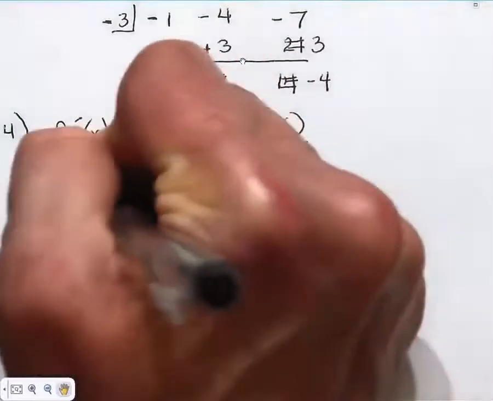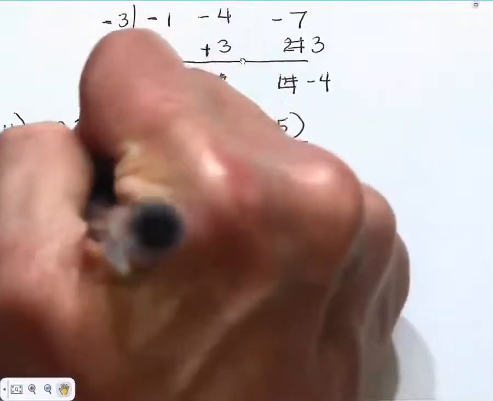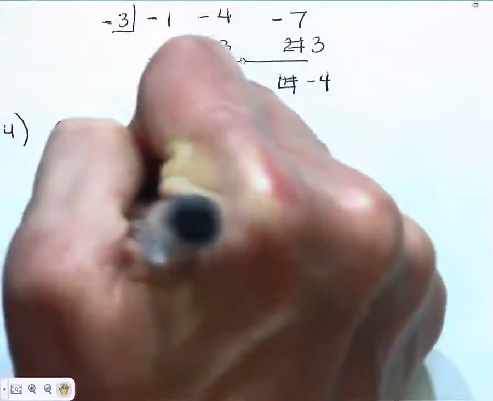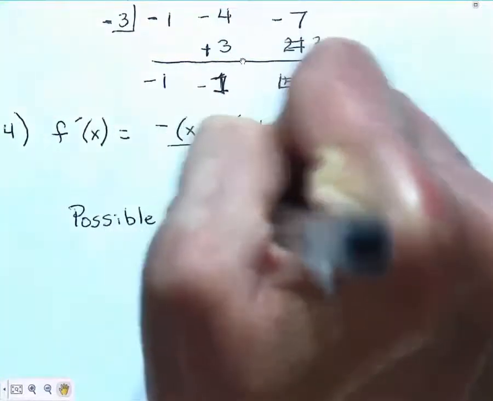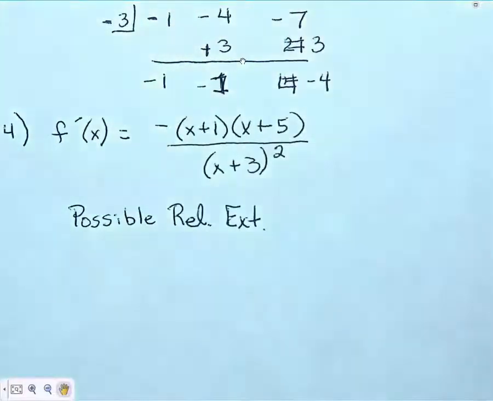So what are the critical numbers? Or I'm just going to go ahead and label them possible relative extrema. Where are my possible relative extrema?